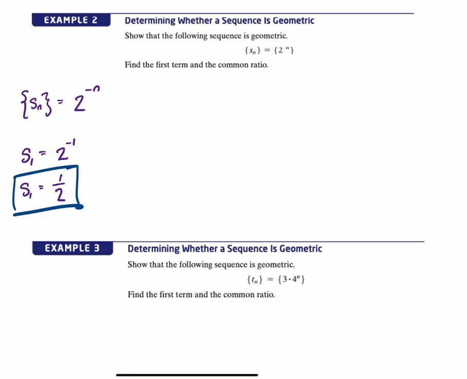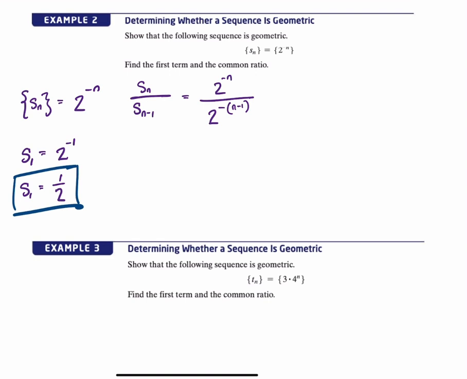So our common ratio we should get by taking a general term, s sub n, and divide that by the previous term, s sub n minus 1. So if we do that, s sub n is 2 to the minus n. S sub n minus 1 would be 2 to the minus n minus 1 in parentheses.